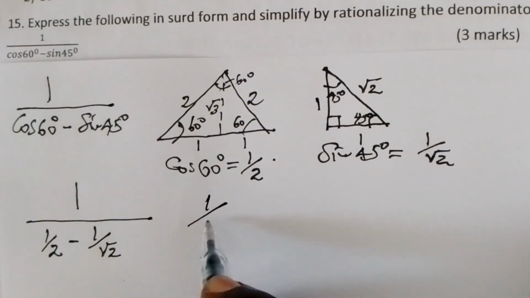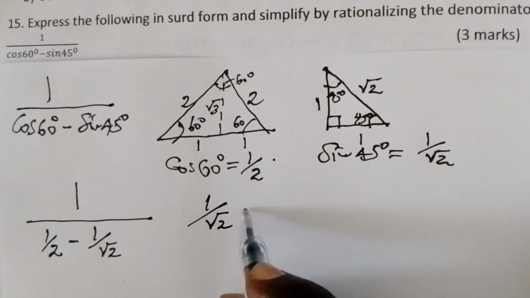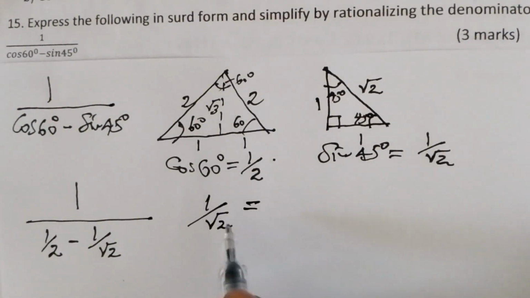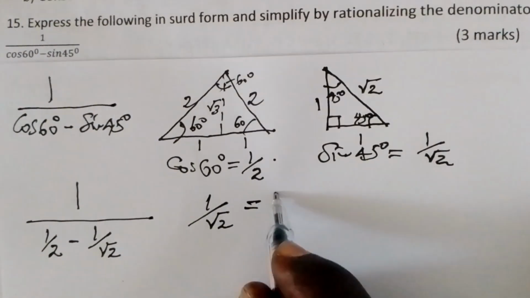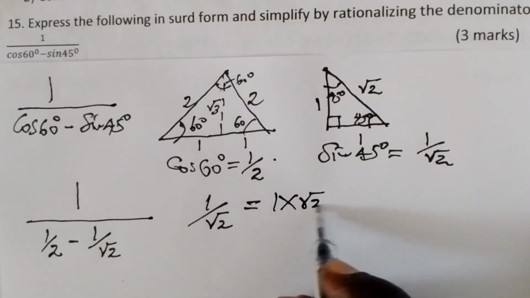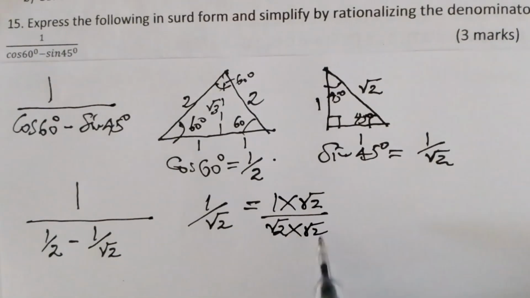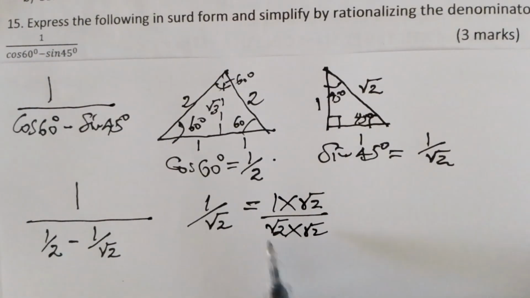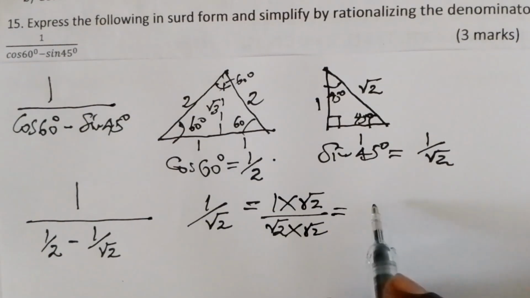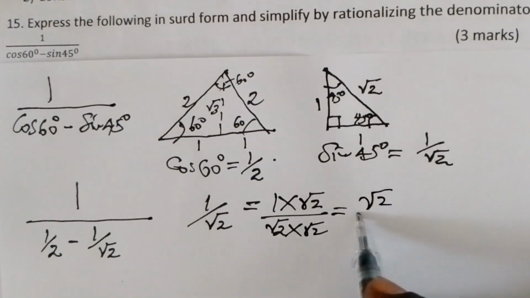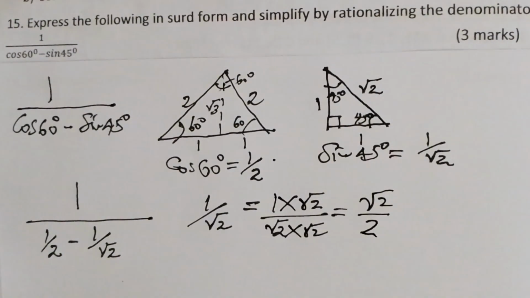1 over root 2: when we want to get rid of root 2 under the denominator, we multiply both the numerator and the denominator by root 2. So 1 times root 2 over root 2 times root 2. And root 2 multiplied by root 2 is the same as the root of 4, which is 2. So this is the same as root 2 divided by 2.